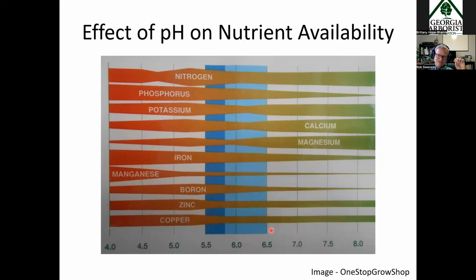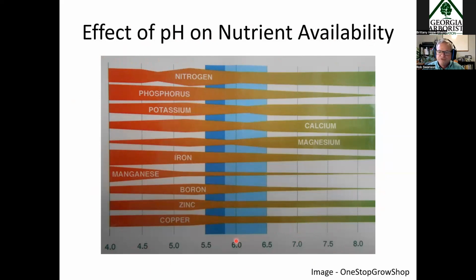Everything less than 7 is acidic. So hopefully you've seen this chart before. You probably saw it in 4th grade. You probably saw it again in high school biology class or something, and you might have seen it in college if you studied any of this. But you might not fully understand it, so we're going to explain it here real quick.